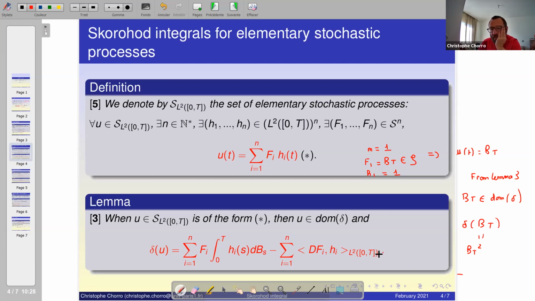So I obtain simply this scalar product between 1 and 1, that is capital T. So the computation of delta of B capital T here is, from lemma 3, equal to this one.